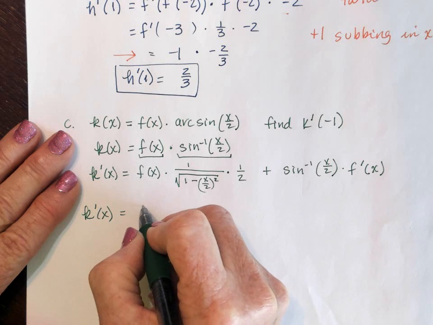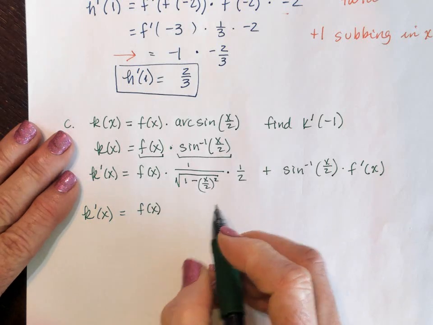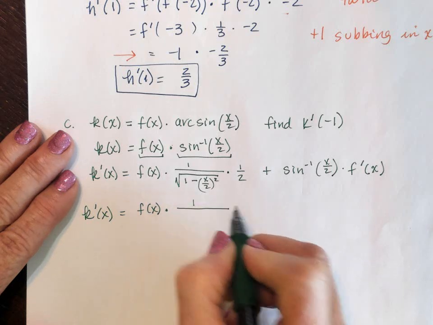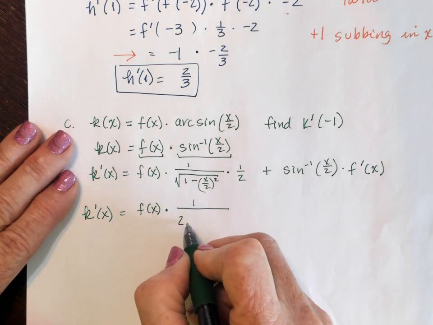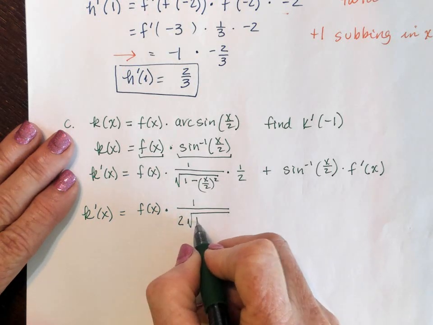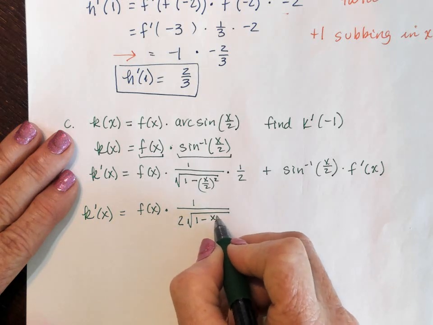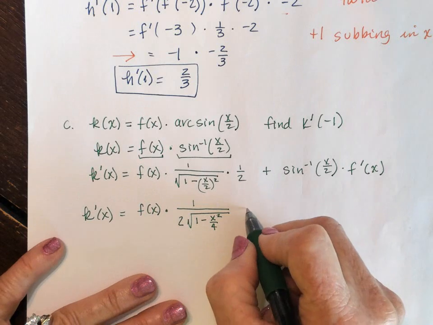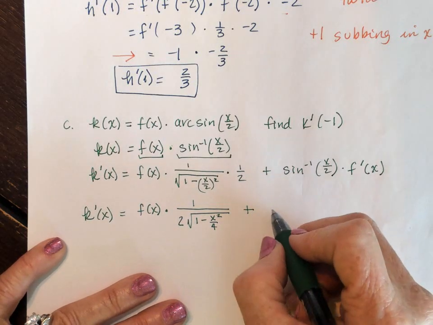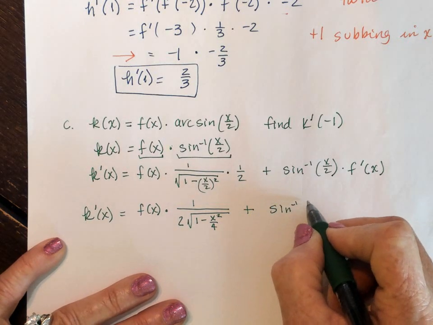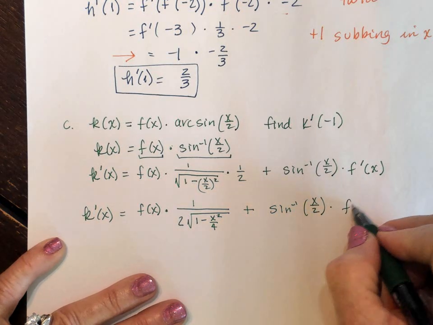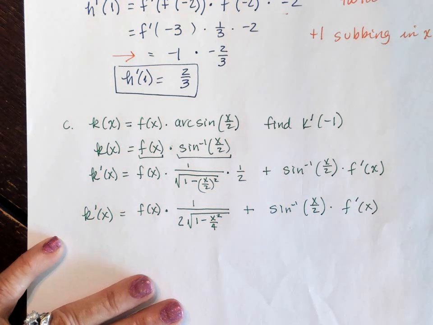And we'll have f of x times 1 over, this 2 I'm going to put in front, 2 square root 1 minus x squared over 4, plus, that just stays, inverse sine of x over 2 times f prime of x.